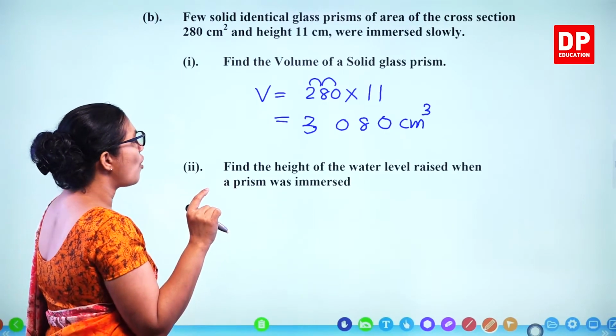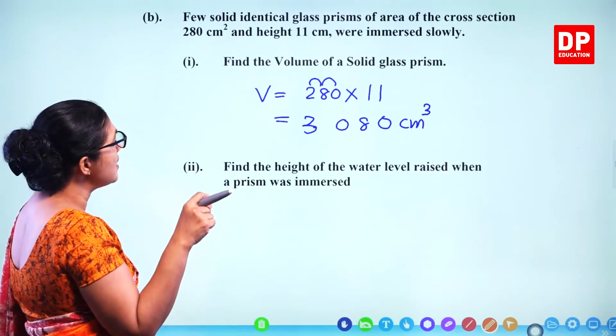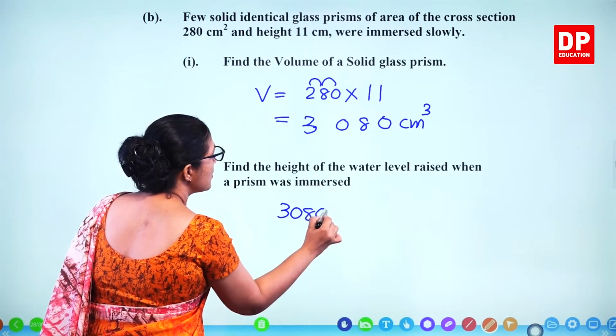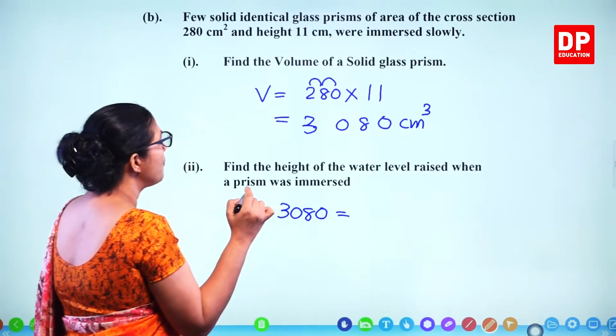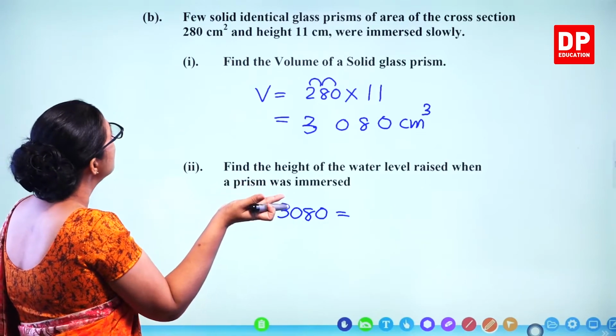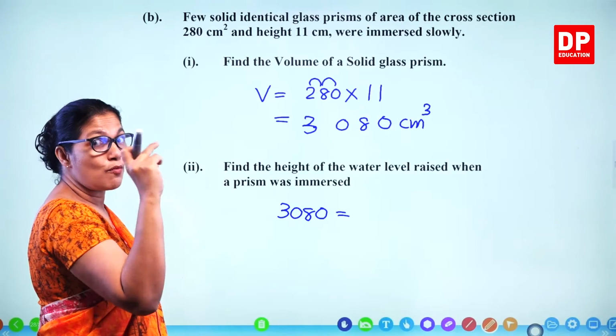Find the height of the water level raised when a prism was immersed. One prism immersed. So this volume of the prism should be equal to the amount of water increased, the height increased with the volume.